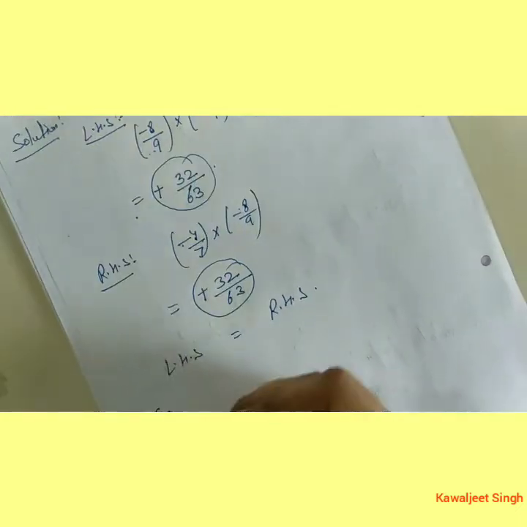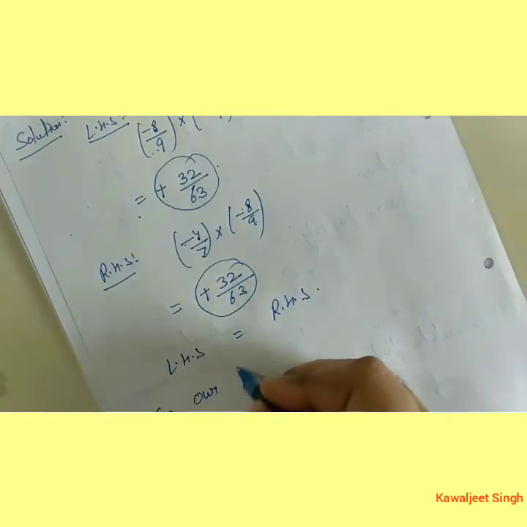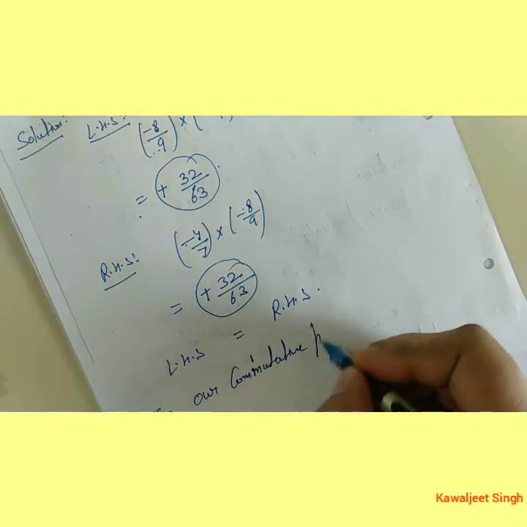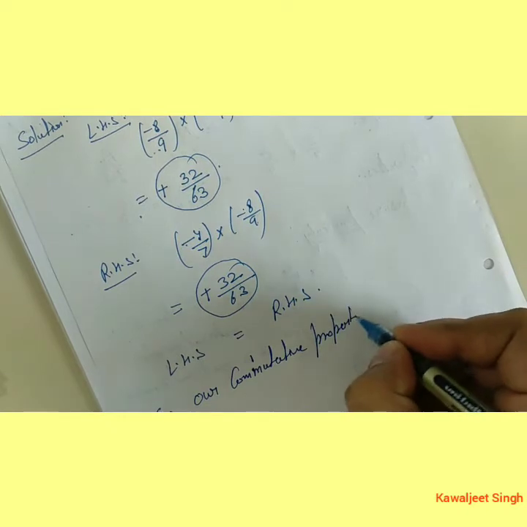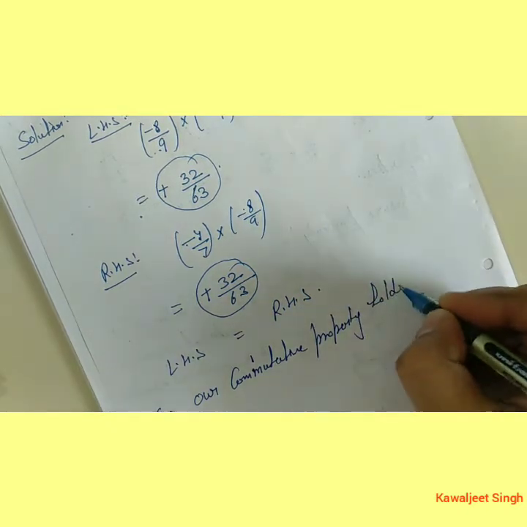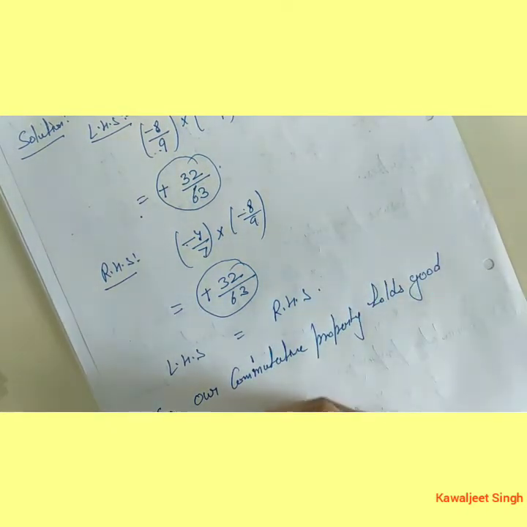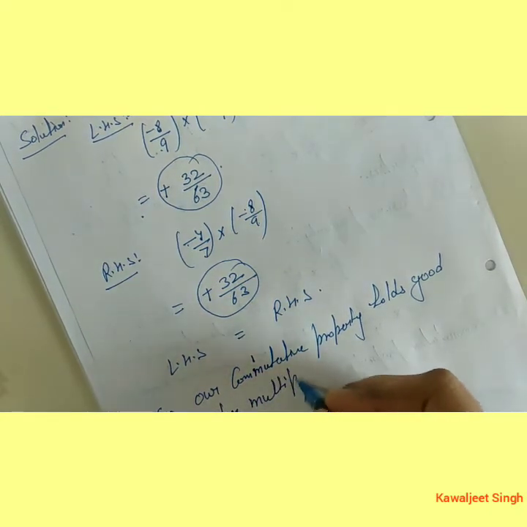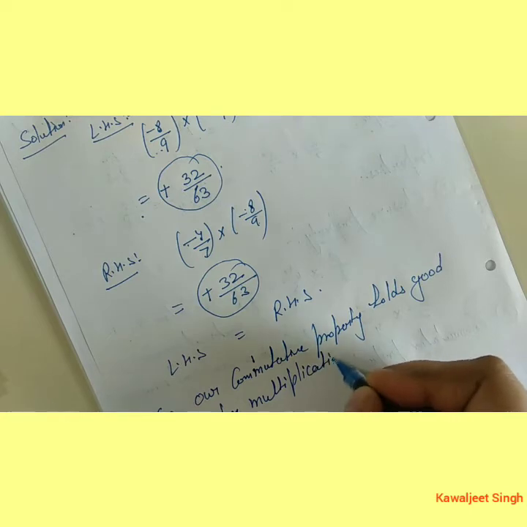So our commutative property holds good under multiplication.